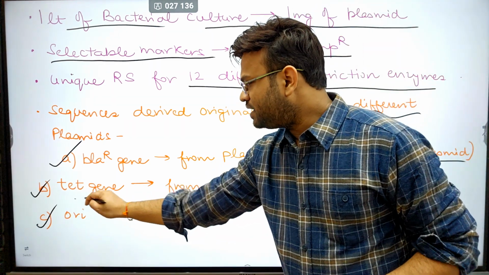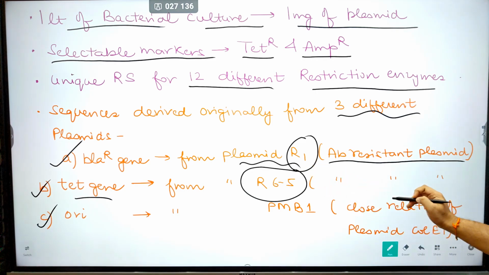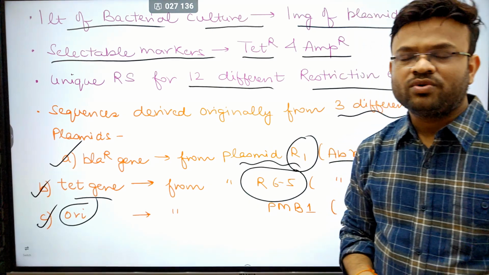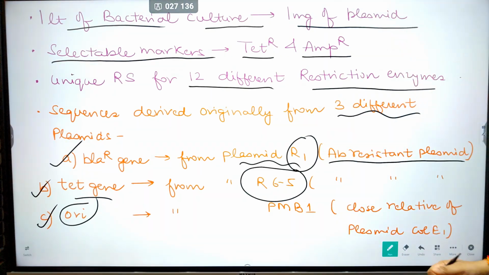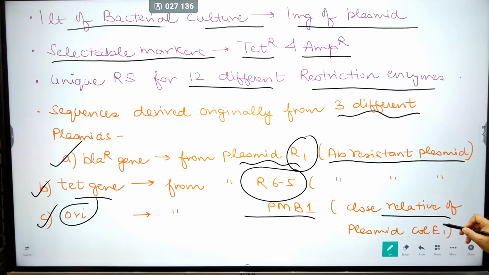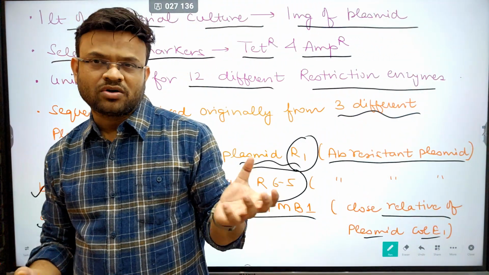Similarly, the TET gene is obtained from R65. This is also an antibiotic resistant plasmid. Next is the ORI gene. ORI, I have already told you about this, origin of replication, and it is obtained from pMB1. It is a close relative of plasmid ColE1. Now I have already told you that the replication module will be following the ColE1 plasmid.